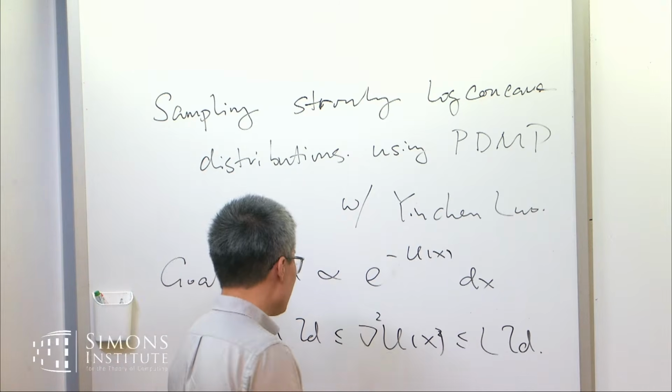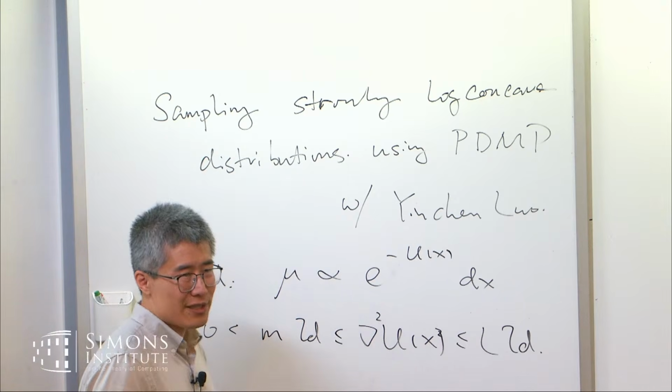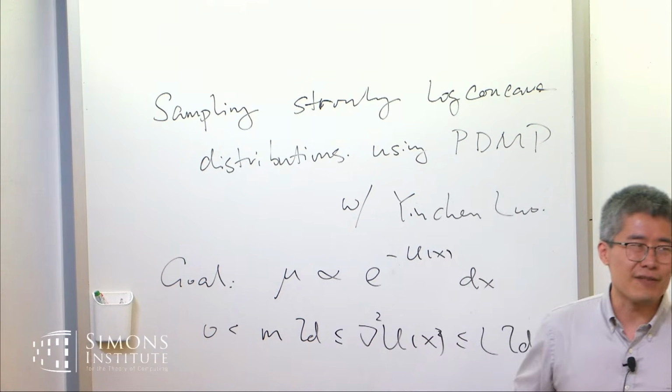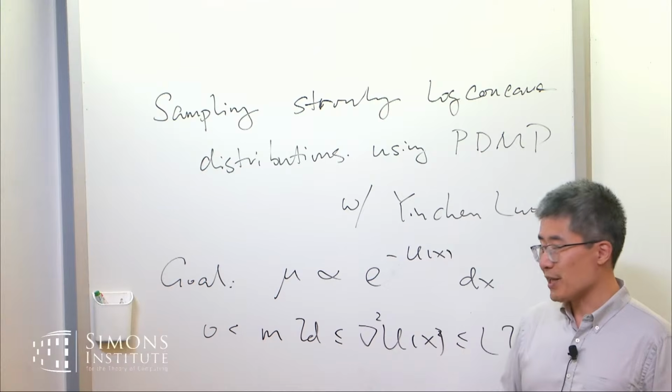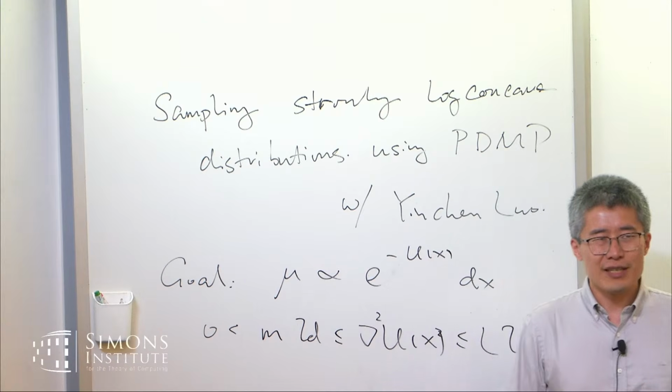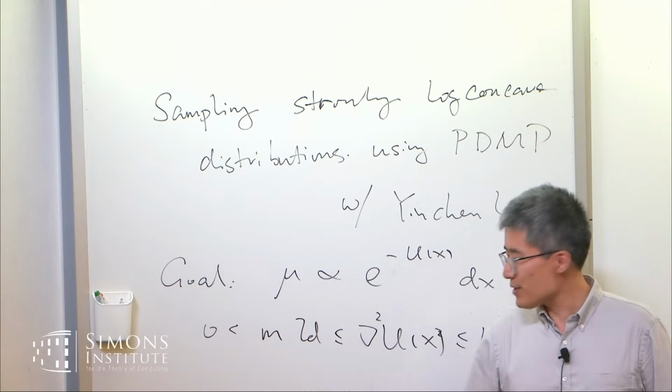I guess for people working in diffusion models, it's not surprising that the idea of designing these sampling algorithms is to write down a diffusion process and try to discretize it. This has been the design principle for many years in this field.